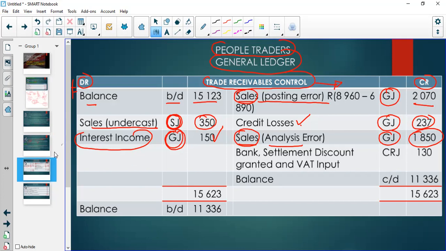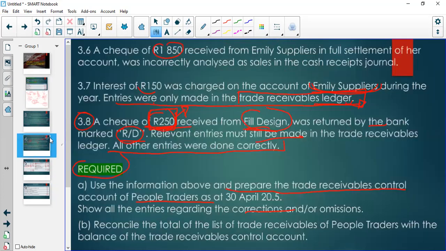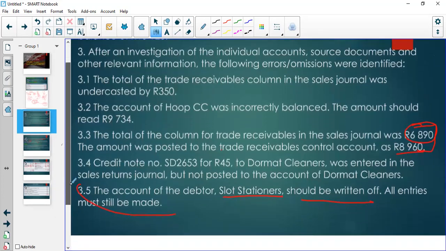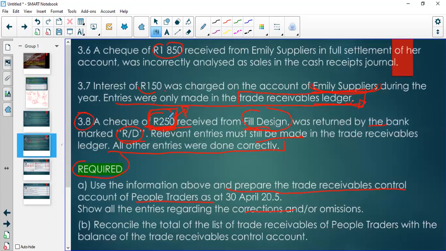Then what else do we have? Where is the other transaction? So this is interest. So I'm looking for how we treat this transaction here. Okay, so I'm sorry.